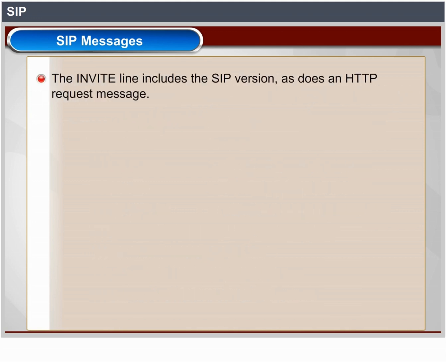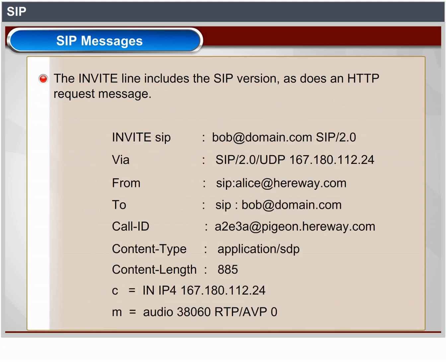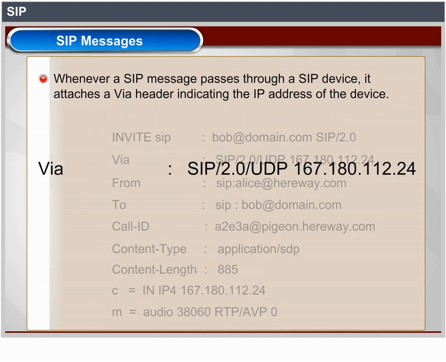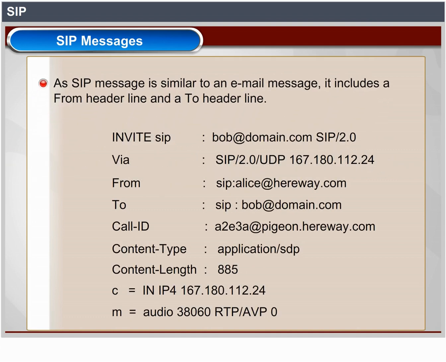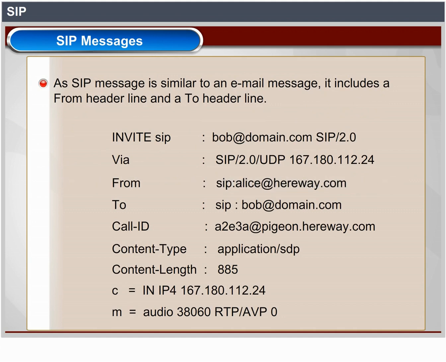The invite line includes the SIP version, as does an HTTP request message. Whenever a SIP message passes through a SIP device, it attaches a Via header which indicates the IP address of the device. Similar to an email message, the SIP message includes a From header line and a To header line.